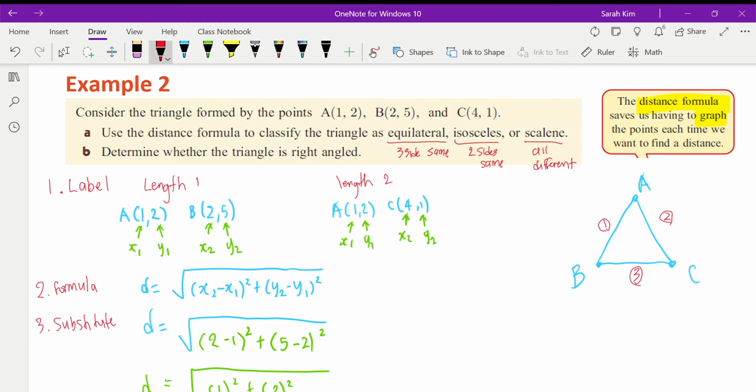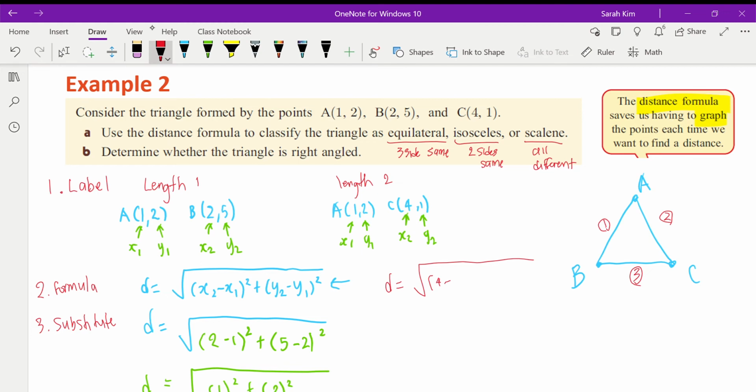Step 1 done. Step 2, formula. I've got it right here, so I'm not going to copy it again. Step 3 is substitute. So here we go. D equals, and you only use these values over here that we've copied down, because that's this specific length. Alright, x2 is 1.